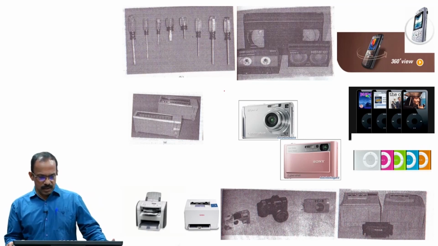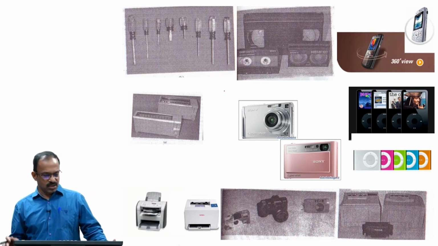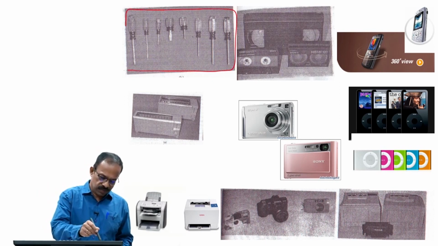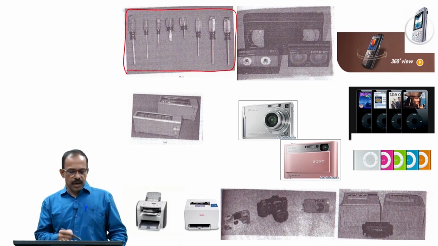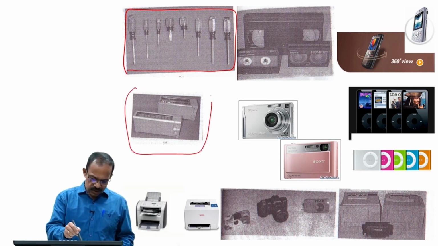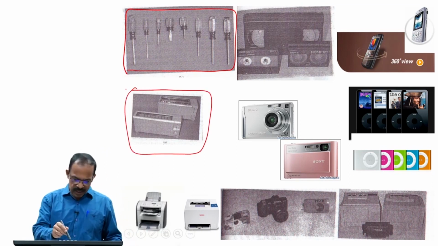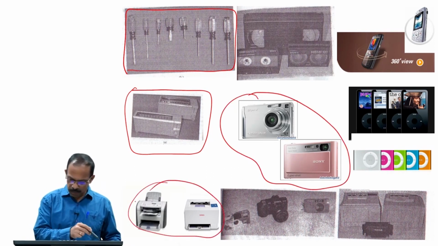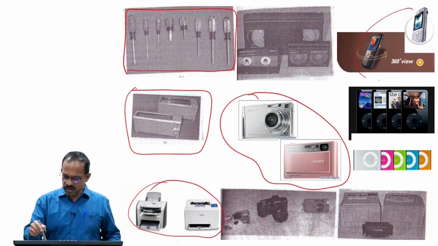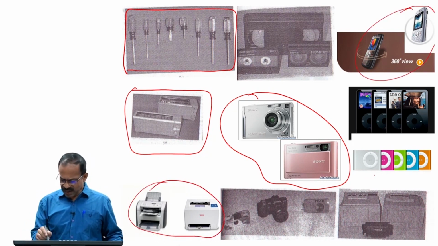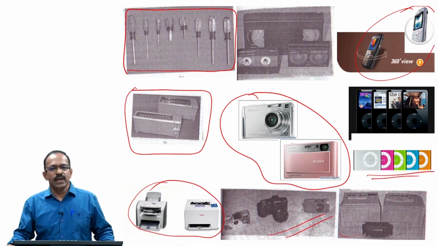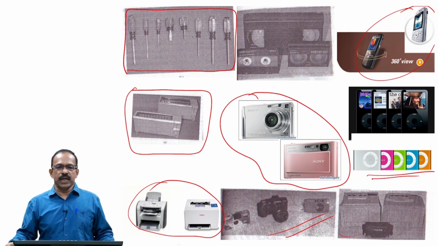You can see here a lot of products. Here you see a set of screwdrivers, here a set of toasters, here different cameras, different printers, and of course the phones, multiple models of phones, and others like iPad, washing machines, cameras, etc. Every manufacturer or company brings multiple products to the market.